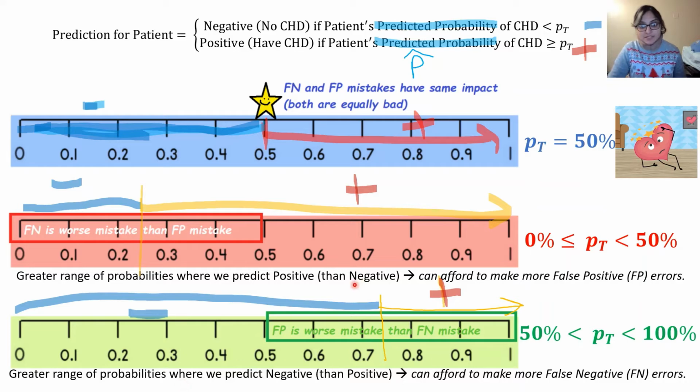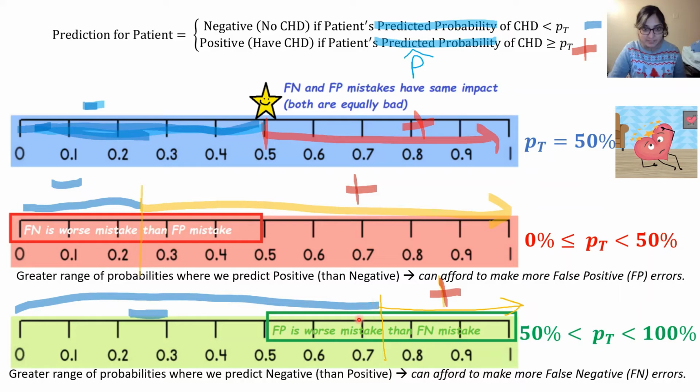So in this situation, for any probability, I just chose 75% here and 25% here, anything in this box between this interval, you'll see that there's a greater range of probabilities from here to here where we predict negative versus positive. Positive is just a small little interval, and negative is so much larger here. It's because, again, we can afford to make more false negative errors.